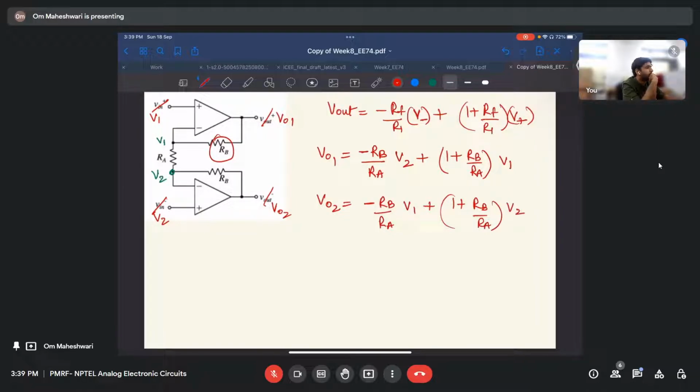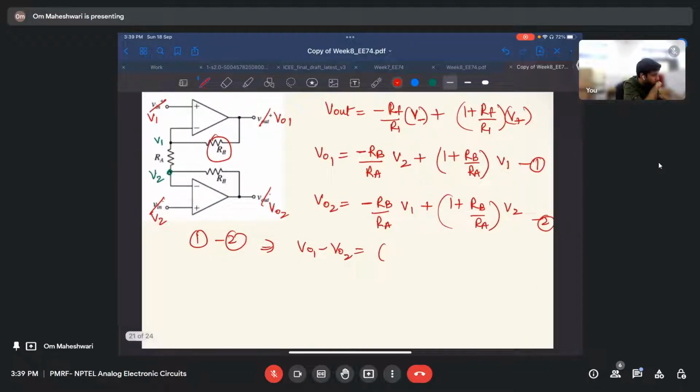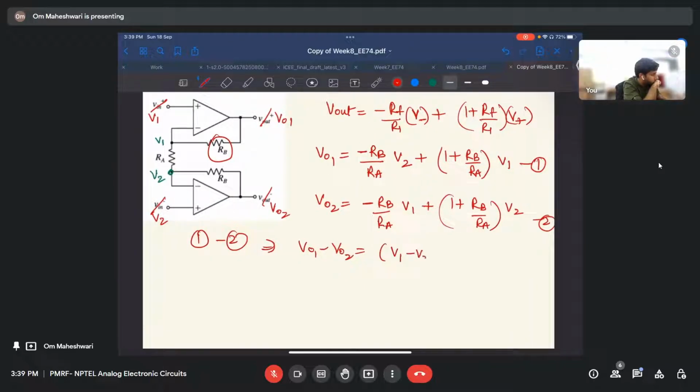Let me call these equations 1 and 2. If I do 1 minus 2, then I get VO1 minus VO2 equals, V1 minus V2 times minus RB by RA, plus V1 minus V2 times 1 plus RB by RA.